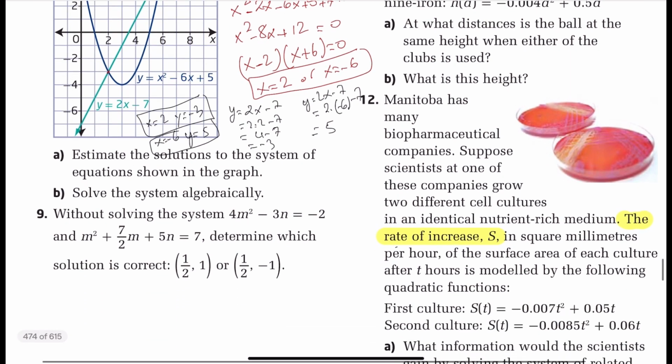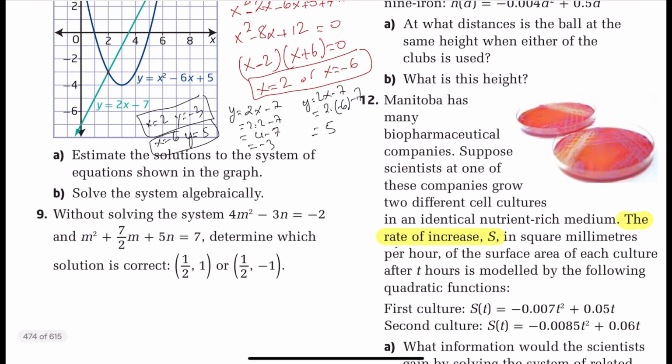So number 9, without solving the system, determine which solution is correct. For me to answer this question, I only look at one thing. I see that this equation, this parabola is up, and this parabola is up.